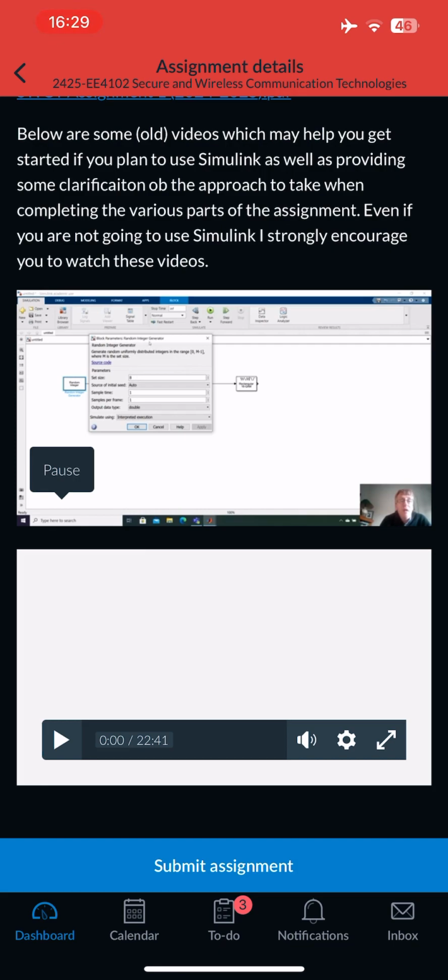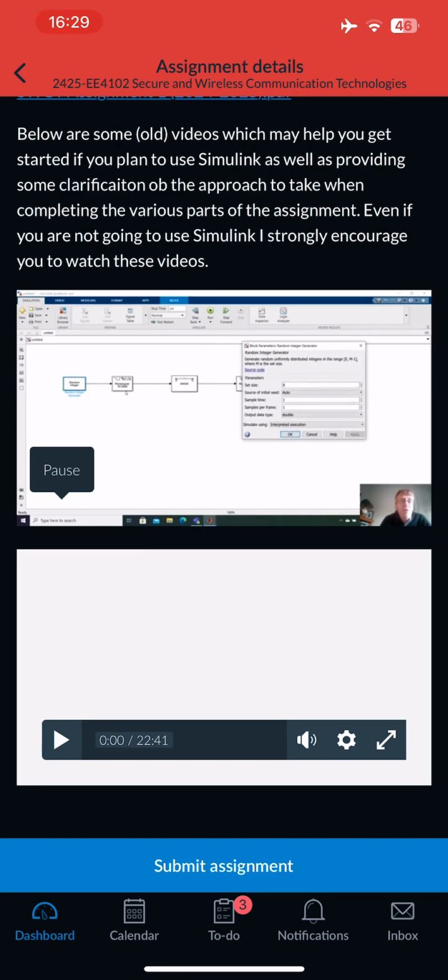In this particular case, because we are simulating 16 QAM, we want our simulation to go through the process of randomly generating values between 0 and 15, all 16 possible values.